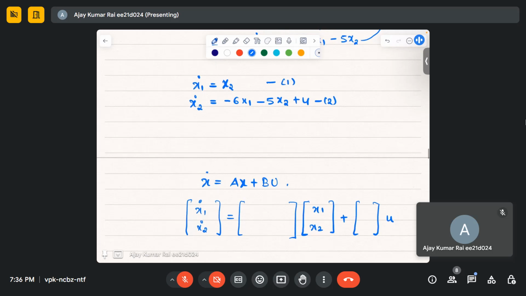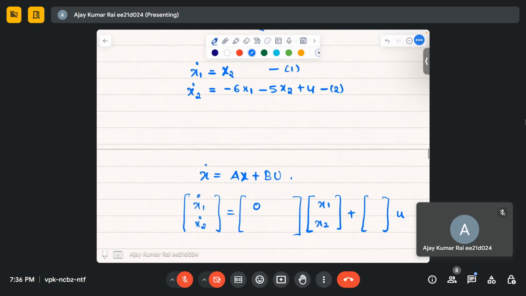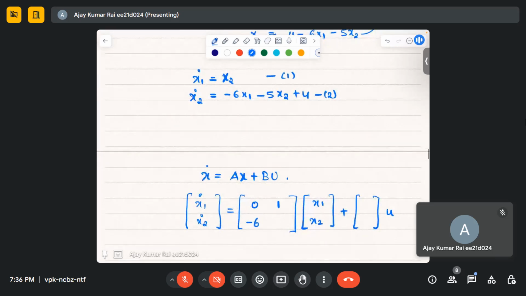What is the coefficient of x1? This is 0, this is 1, and this is minus 6, this is minus 5. And the output is 0 for x1, and for x2 it is 1. Just check.